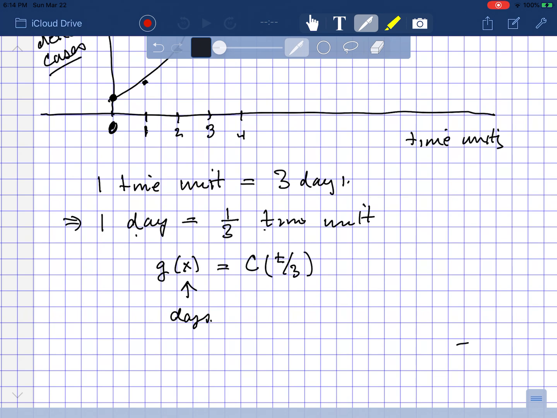So x days is equal to t time units divided by 3. Actually, I'm going to make that x, right? And this is equal to 2 to the x divided by 3.